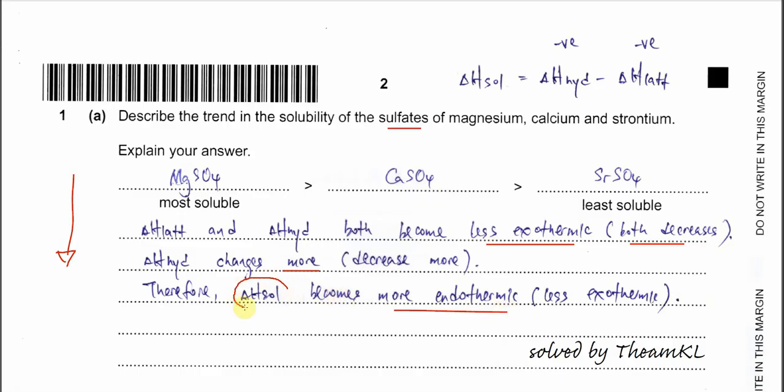Whenever the enthalpy change of solution is more endothermic, the salt is less soluble. That's the relation you must know: which one decreases more, and which one causes the enthalpy of solution to be more endothermic. These are the few points that you must understand and know how to use.